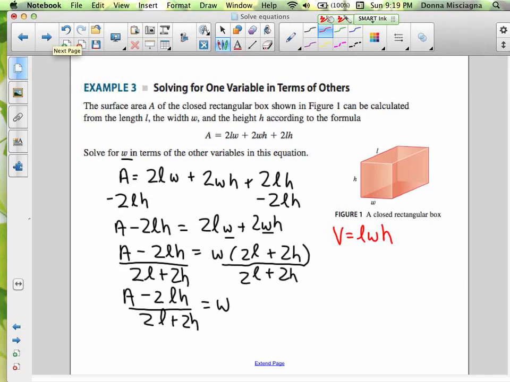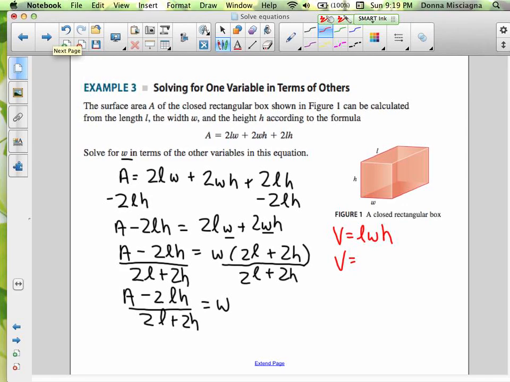Right? And that's too many variables. You can only solve for one variable at a time. If you rewrite it in terms of width, now you could replace width with this expression, A minus 2LH divided by 2L plus 2H. And then you would only have one unknown.